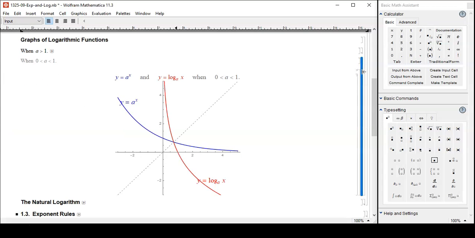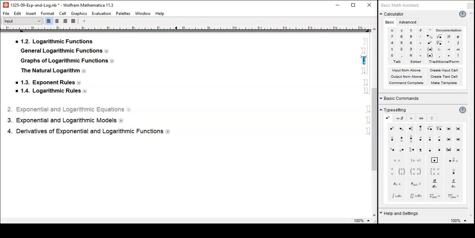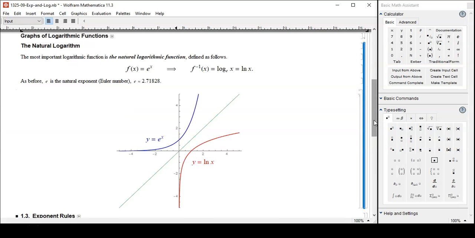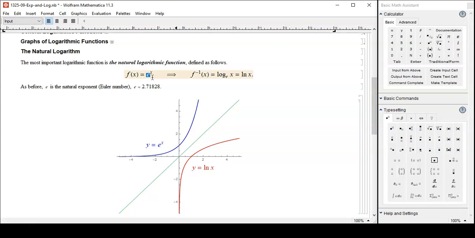And then, in this case, we have decreasing when a is less than 1, but we'll never consider anything like this, so never mind about these kinds of graphs. Instead, let's focus upon the natural logarithmic function, and of course, e is that same e, the Euler number, 2.718, and so on.